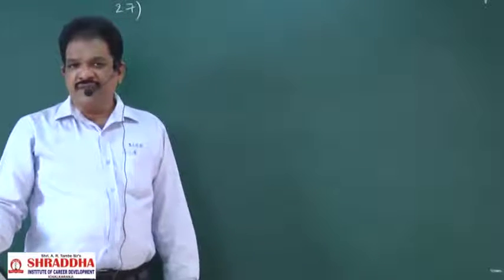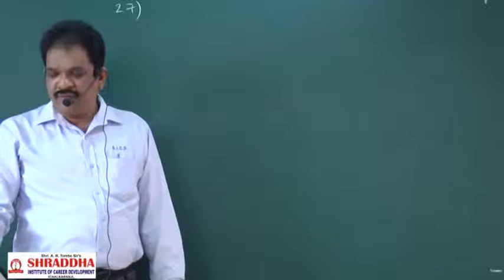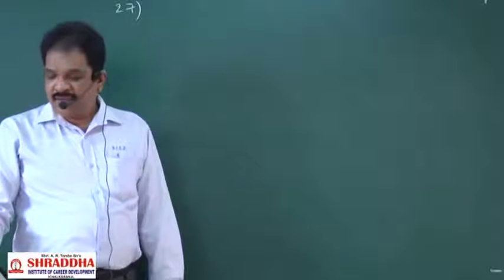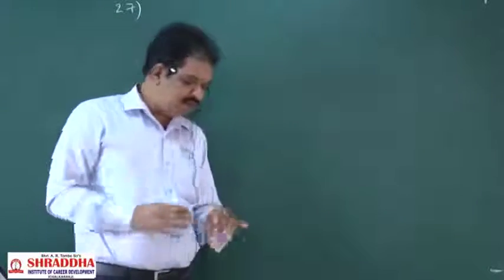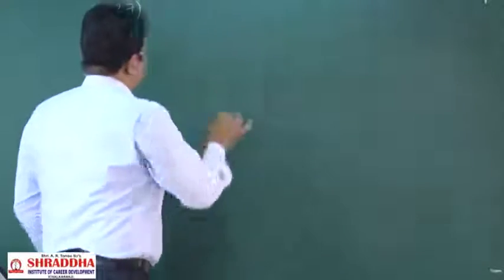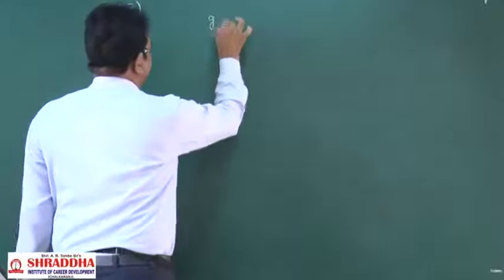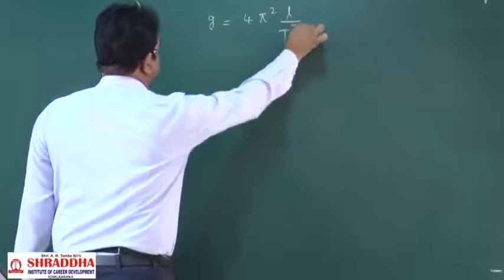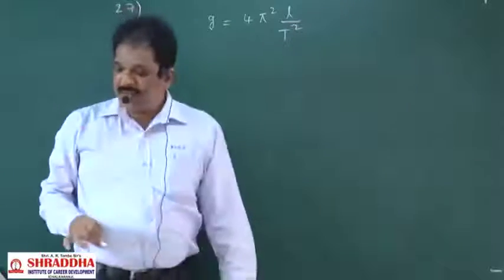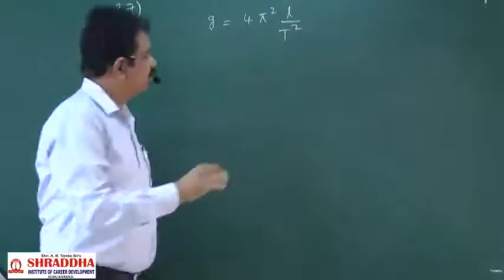If he uses the formula g = 4π²L/T², then the percentage error in the measurement of g is how much? g = 4π²L/T². This is the formula.